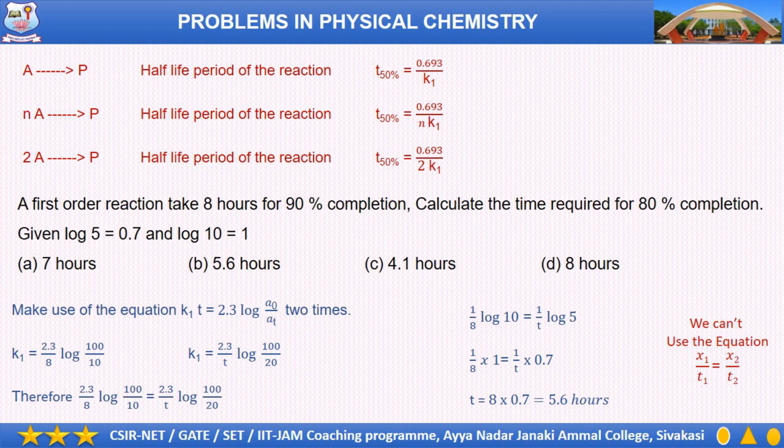For example, if nA gives the product and the reaction follows first order kinetics, if no n is there, the half-life of the reaction is given like this. If n is there, then the T half of such first order kinetics is given by 0.693 by nK1. If 2A gives the product, then T half for such a reaction is calculated by 0.693 by 2K1, and so on.